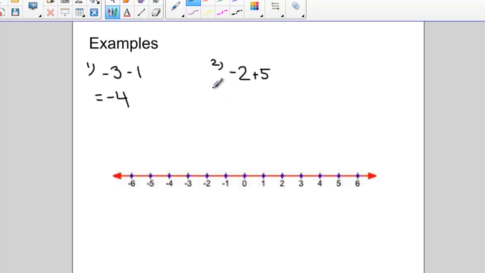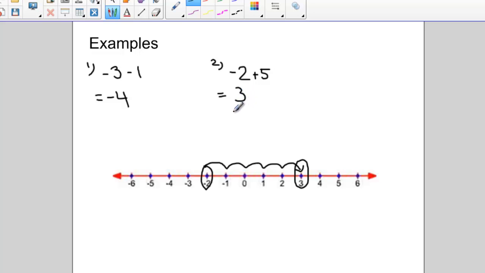So if I try another question, like -2 plus 5, well, I find -2 on my number line. And now that I'm adding, I'm moving to the right 5 spots. 1, 2, 3, 4, 5. -2 plus 5 is equal to +3.